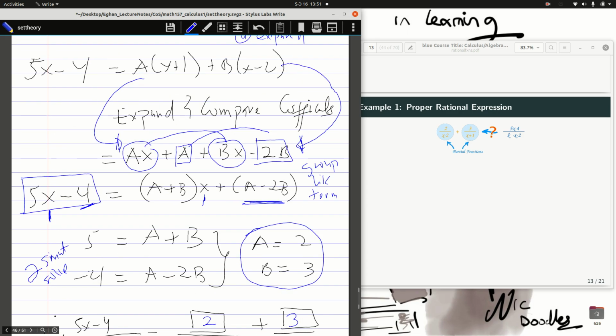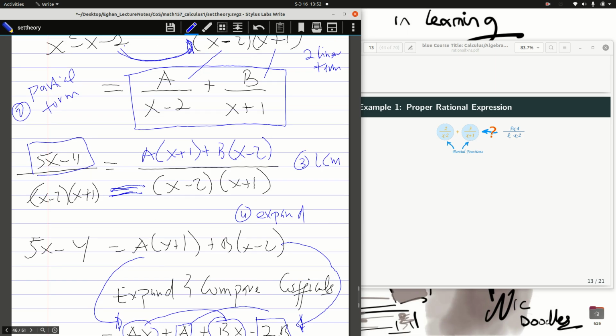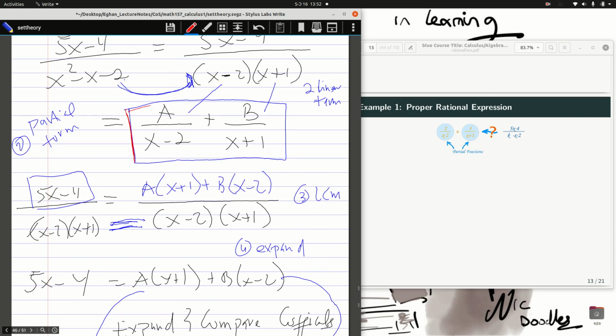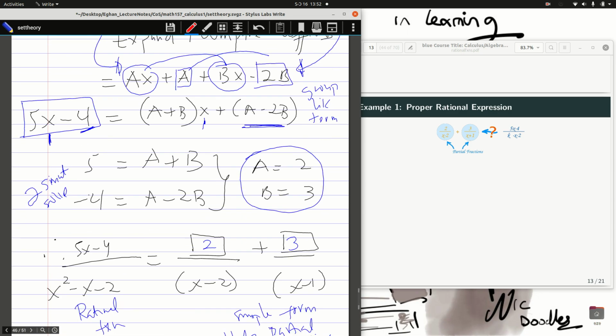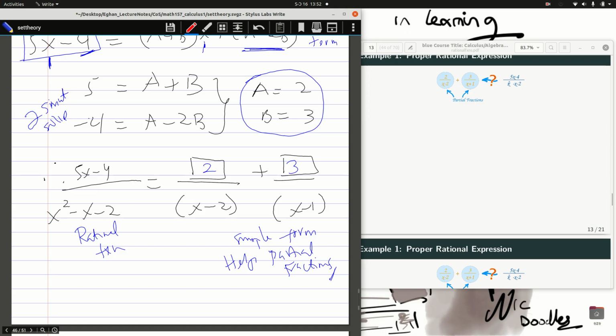It's about you first being able to write the partial fraction first. So I'll use a color red to highlight what I mean. If you're able to write this one, that is all. You find your LCM, you simplify, you compare. That is the most important part of the work. So we've proved how to get the 2 and then the 3 from the preamble, and that is as simple as that.